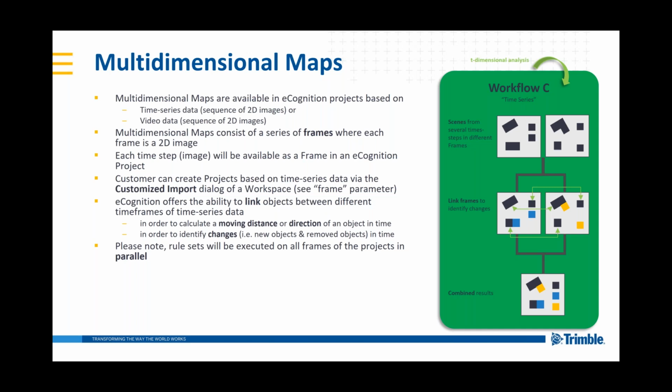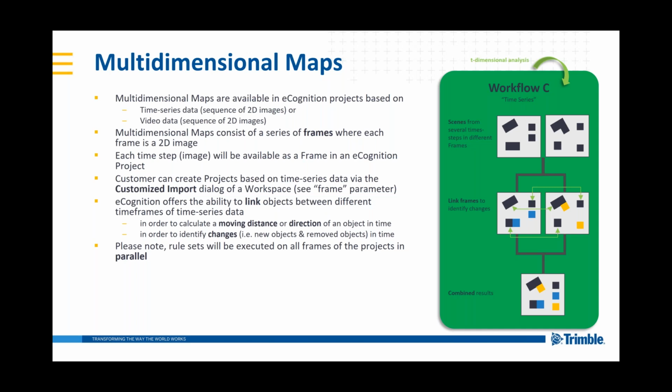These maps consist of a series of frames, and each frame is a 2D image. Each time step or each image will then be available as an eCognition project. So each frame is its own project within eCognition.